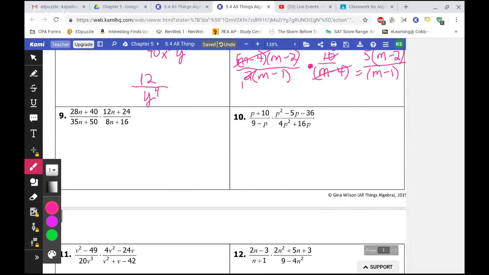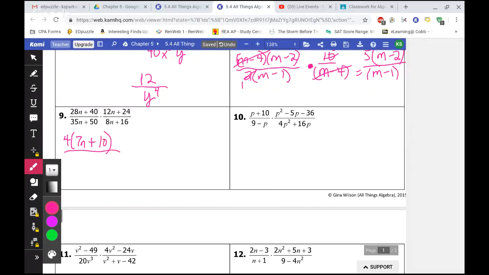we're going to factor that numerator on the left-hand side. We can definitely factor out a 4. So 4 goes into 28n 7n times, 4 goes into 40 10 times.